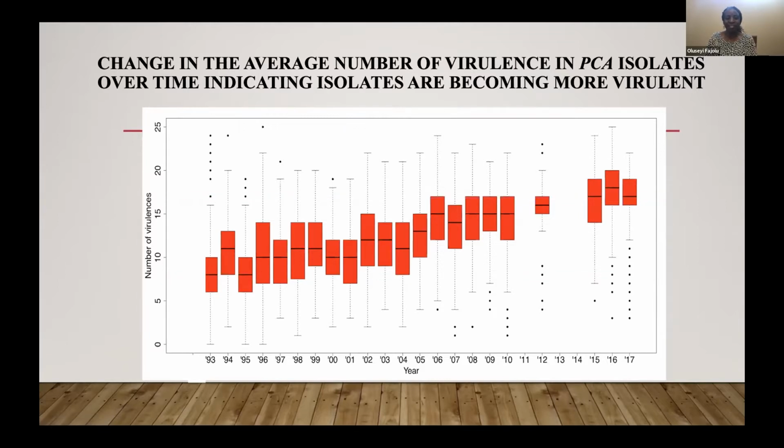And thirdly, isolates collected in 2016 defeated 25 out of 26 differential lines tested. This result indicates isolates are becoming more virulent over time.